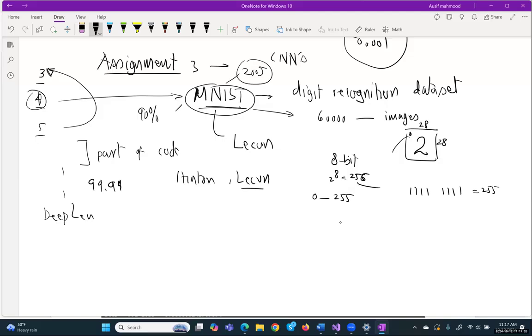Okay. So we have 0 through 9 as the different digit images. Okay, so 60,000 images are for training.